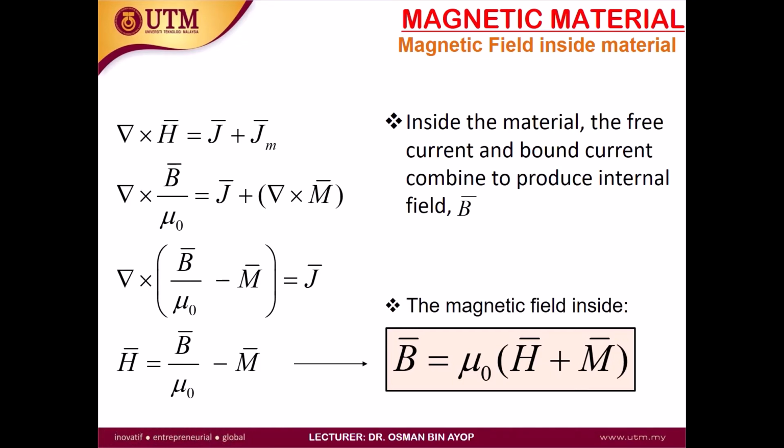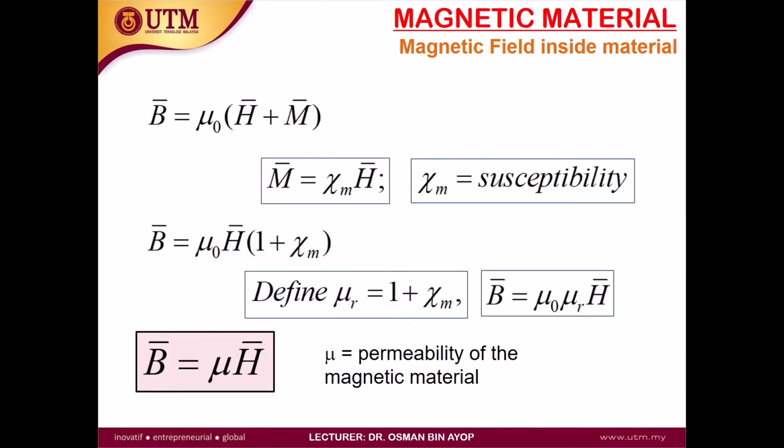Basically the magnetization will contribute to the internal field B. So as a conclusion, the magnetic field inside, B, is equal to mu naught times H plus M, where M is the magnetization. Originally we have B equal to mu naught H in free space or in vacuum, so we have to add the extra magnetization for magnetic material.